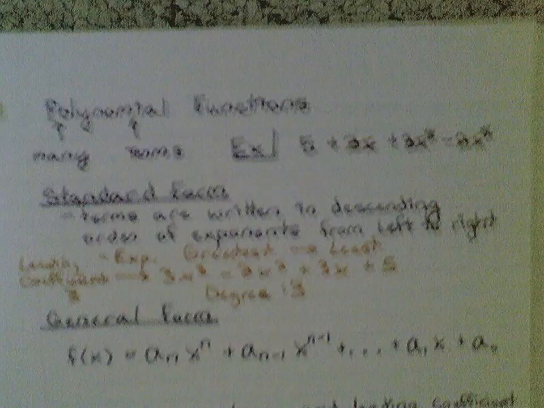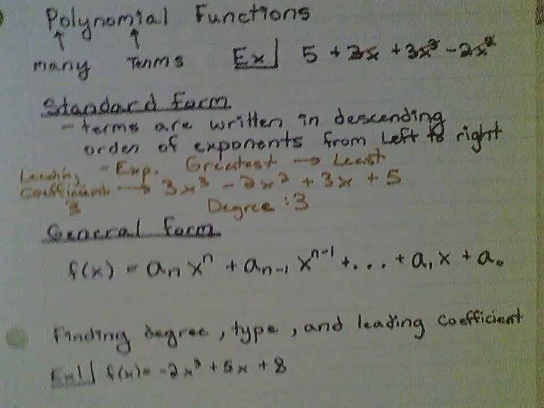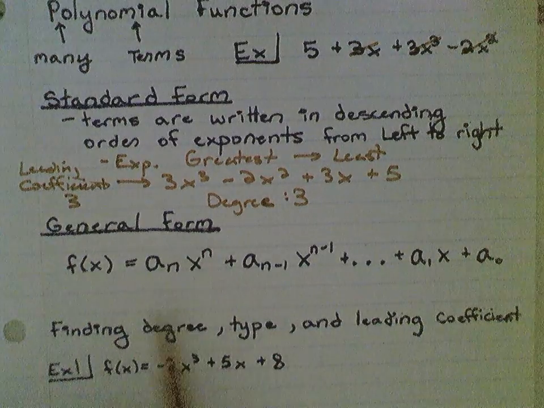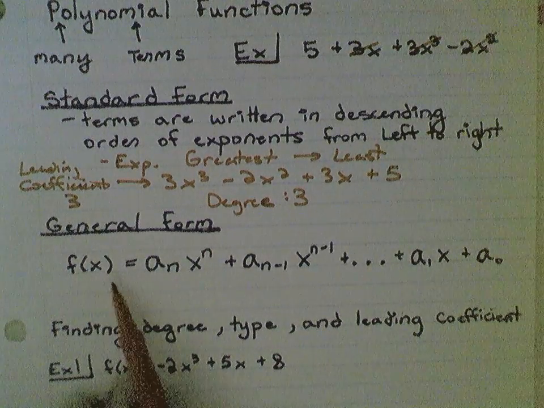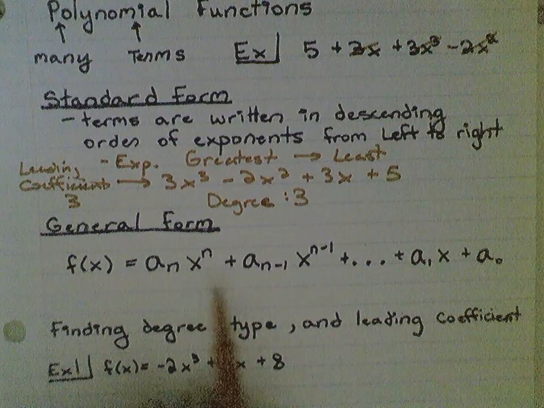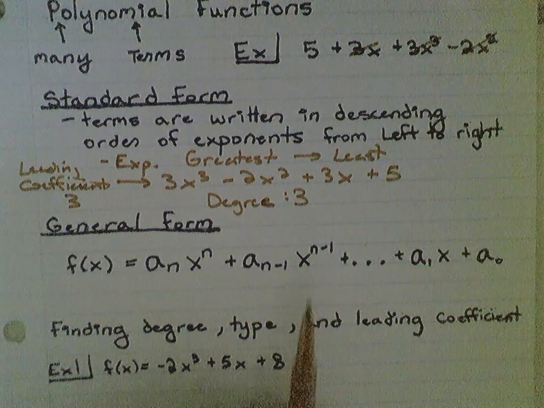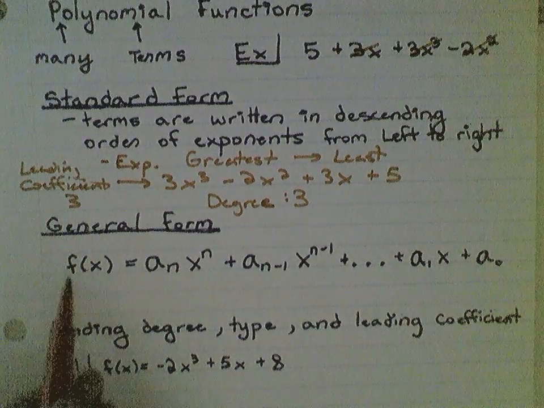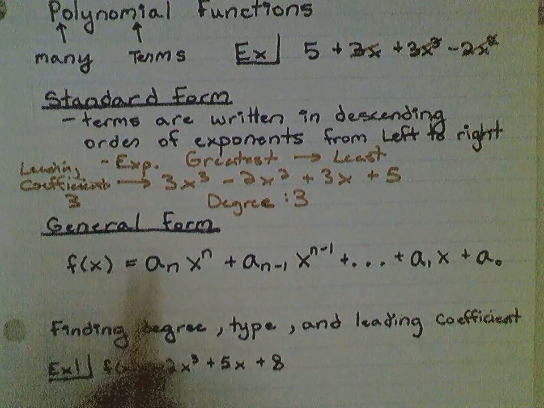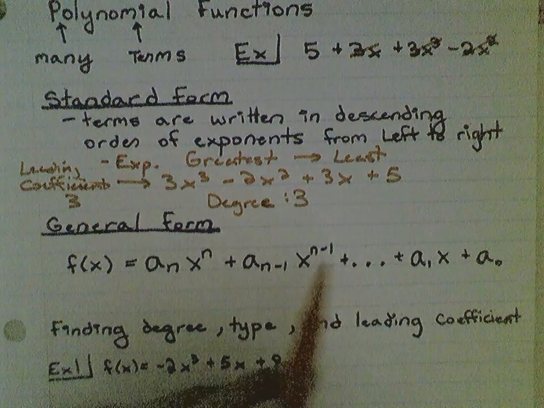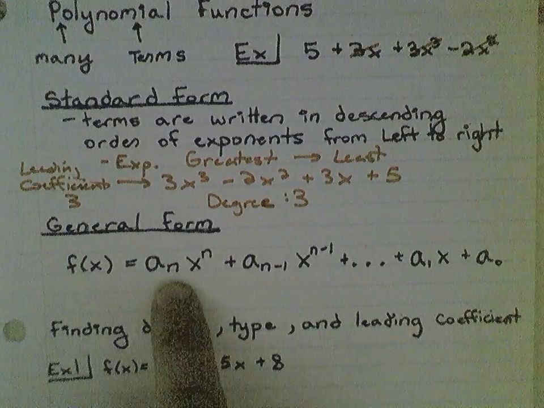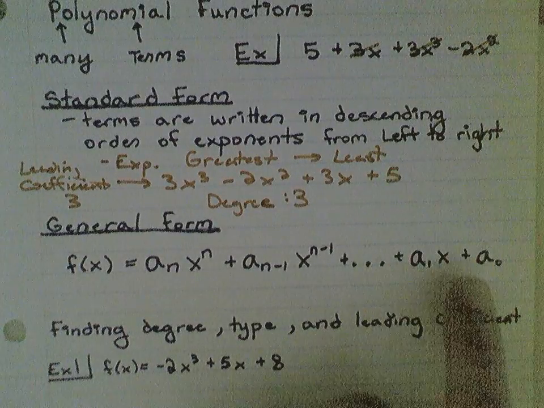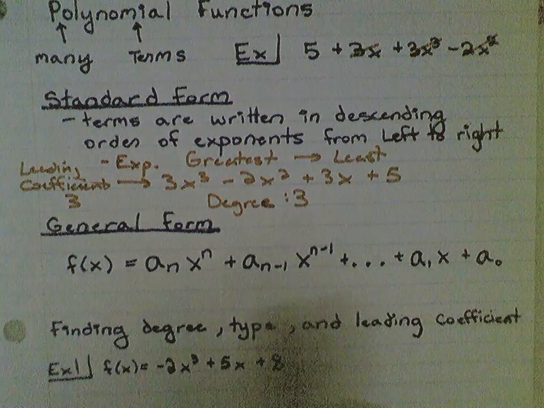Now, just for some more information about polynomials, we also have what's known as general form. I know if this is your first time looking at math notation, this can look pretty nasty, but really what this is saying is that a function that's a polynomial will be in this descending form. Notice that the a to the n minus 1, the a to the first, and the a to the 0, those are basically your coefficients.